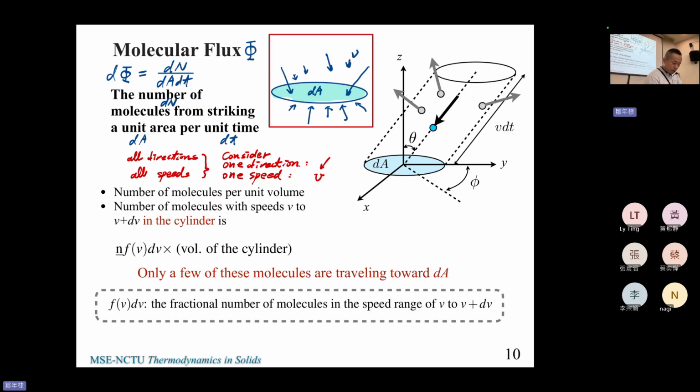The number of molecules per unit volume is n bar equal to N divided by V. And we need to multiply by the volume of the cylinder. N f(v) dv times the volume of the cylinder is all the gray points, including the blue ones, because N times f(v) dv is the atoms with velocity v.